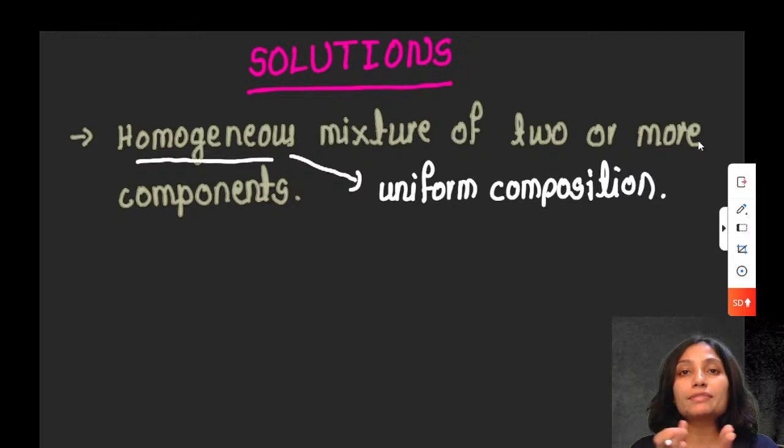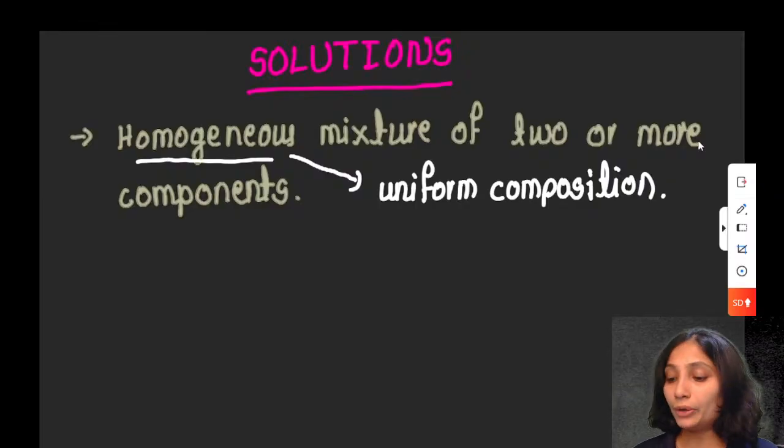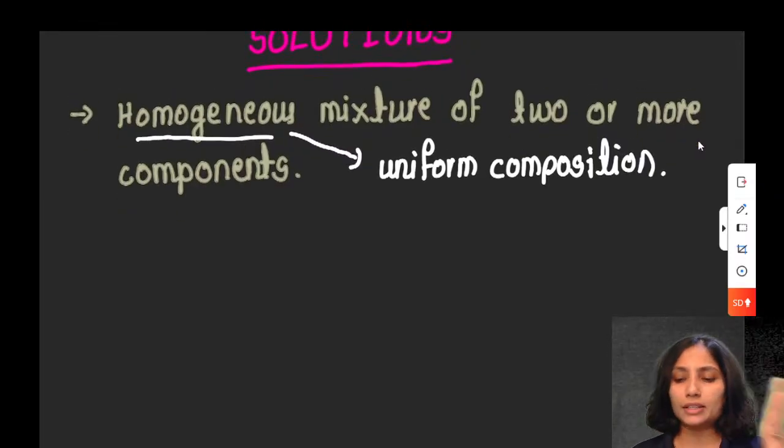Those substances will combine in a homogeneous manner. So such types of substances are called solutions. A solution is a homogeneous mixture of two or more components, and these components should be non-reactive. They should not react. So you can say it's a homogeneous mixture of two or more non-reactive components. You can also explain a solution like that.